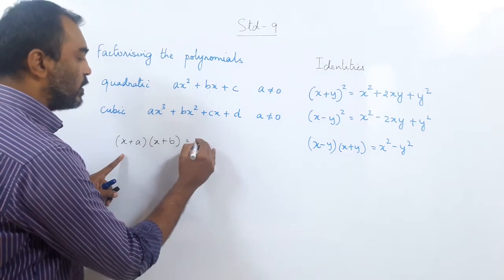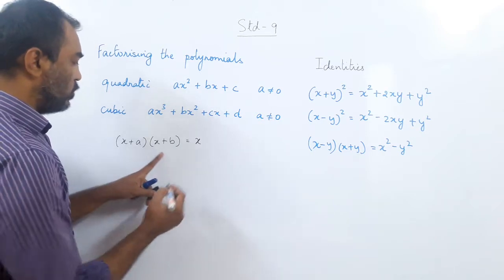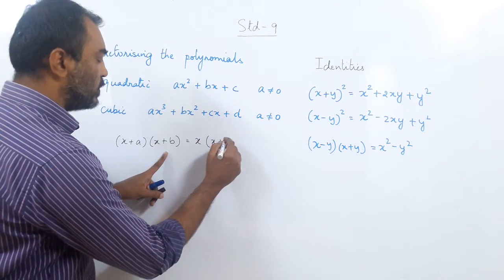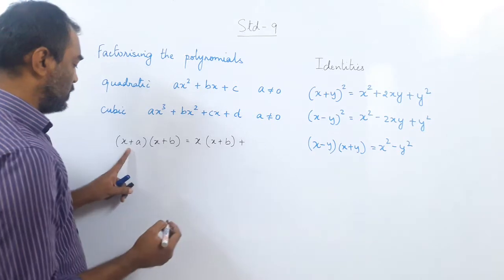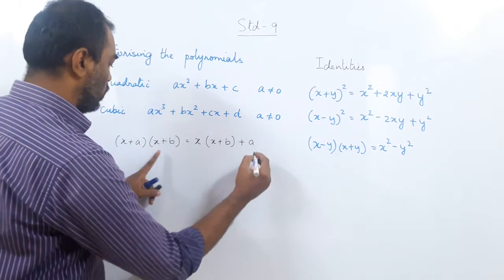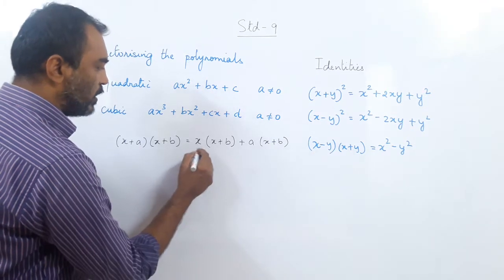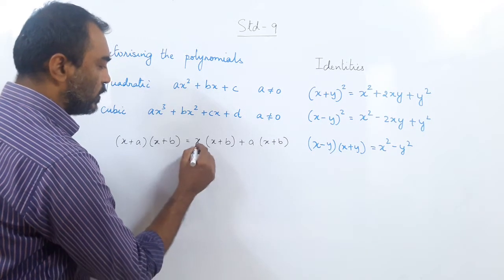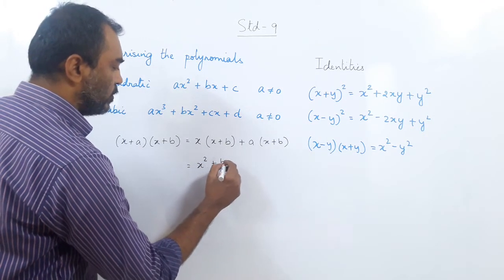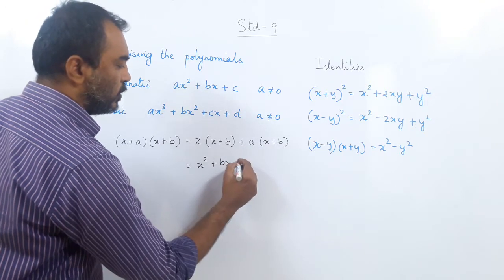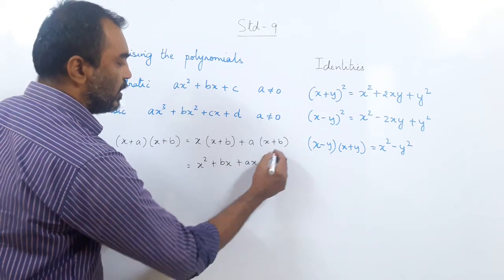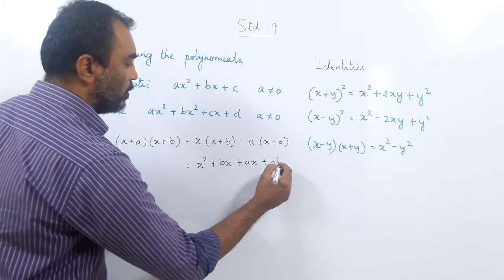So how do we multiply (x plus a) into (x plus b)? So what do you get? x into x, x square, x into b, bx, a into x, ax, and a into b, ab.